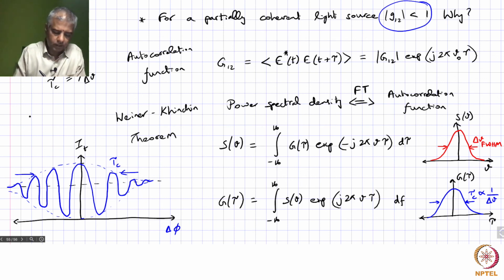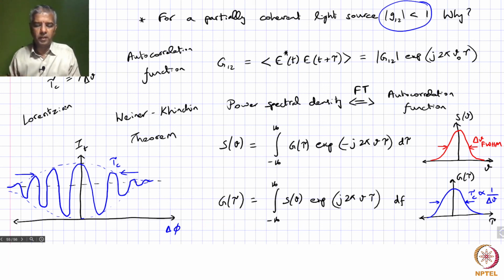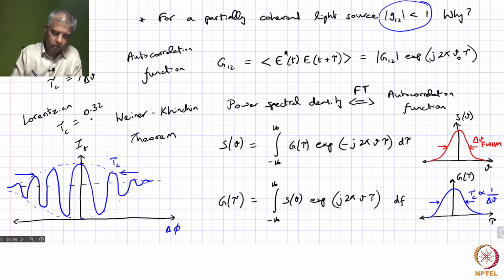But if it is, let us say, a Lorentzian shape, which is a commonly seen shape for the spectrum, then tau c is given by about 0.32 over delta nu.